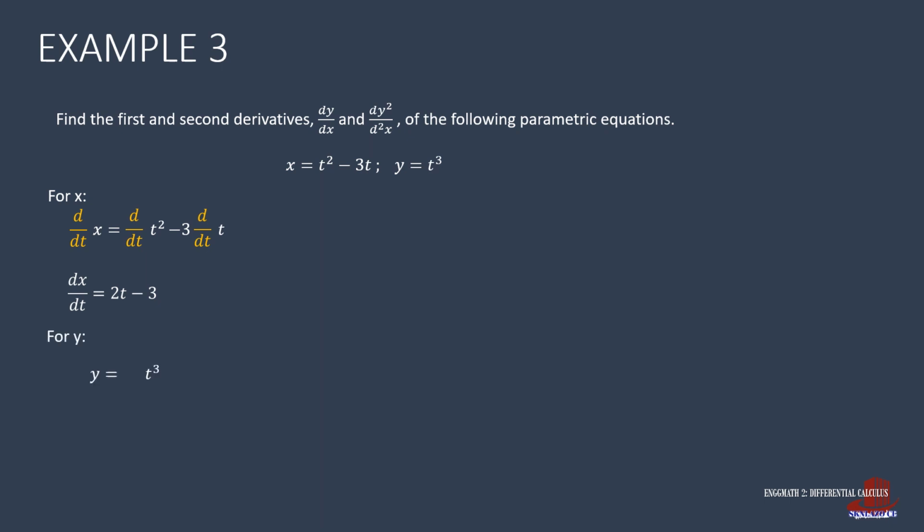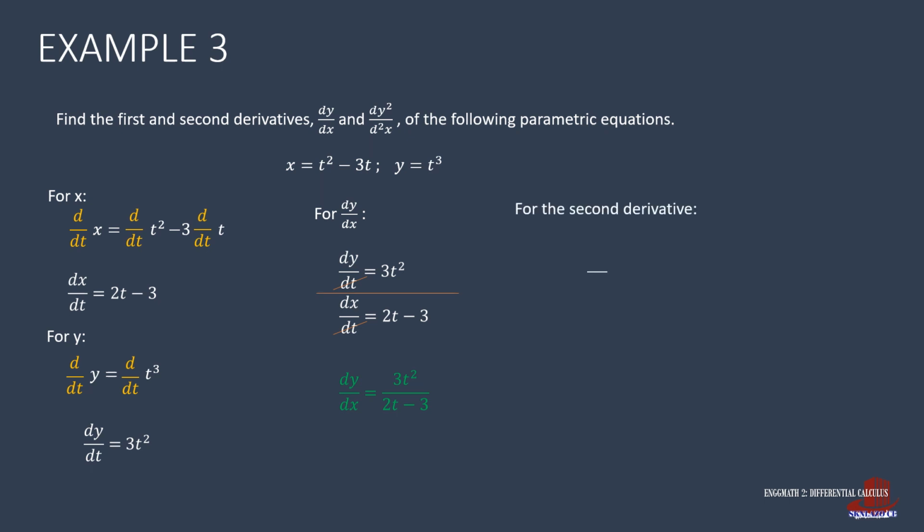Y is done similarly, that is the derivative of t cubed, which is 3t squared. Take dy all over dx by dividing dy all over dt with dx all over dt as 3t squared all over 2t minus 3. For the second derivative, we take d all over dt of dy all over dx.